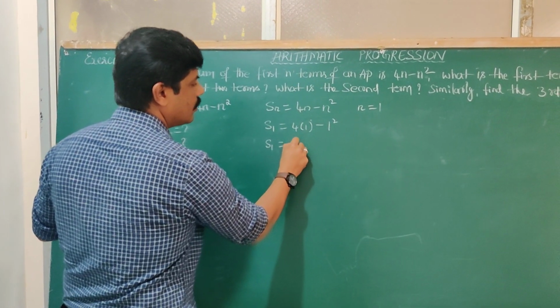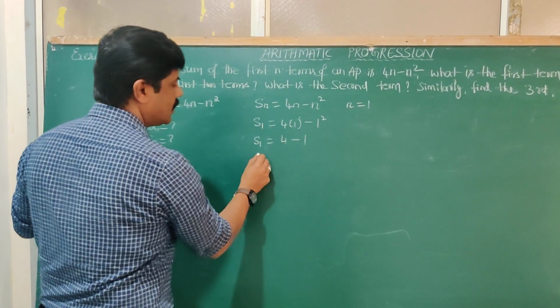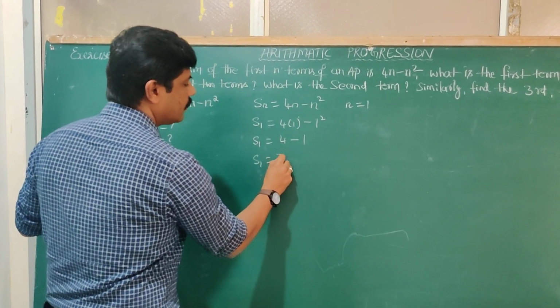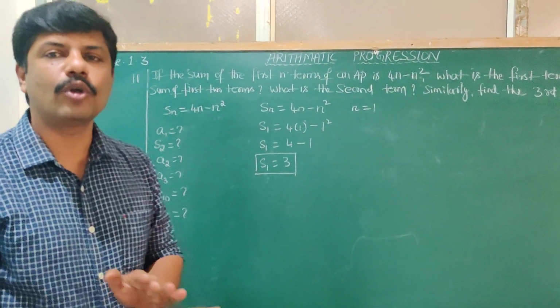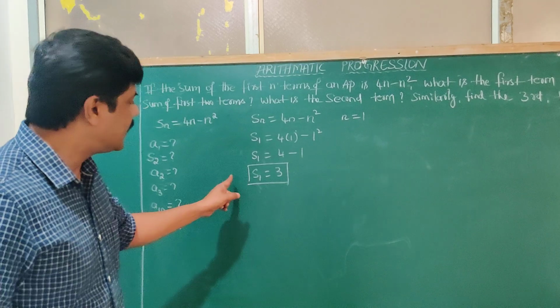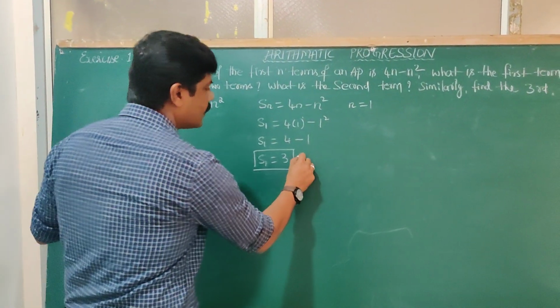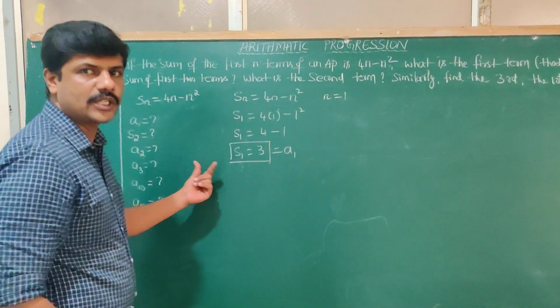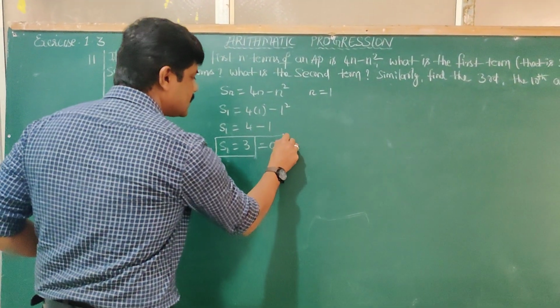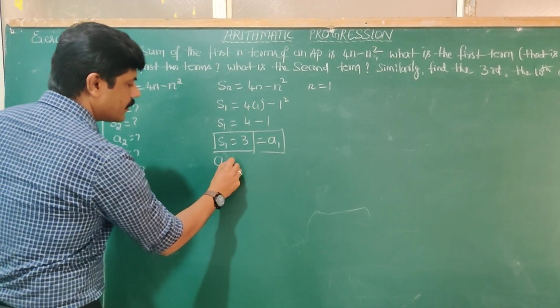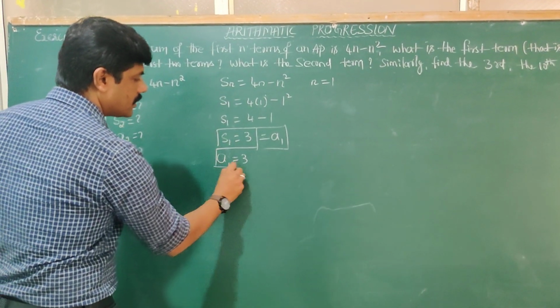S1 = 4 minus 1, which is 3. We got S1 = 3. There is no real meaning for sum of one term. S1 is nothing but A1. Thus we have got the first term. We got first term is 3.